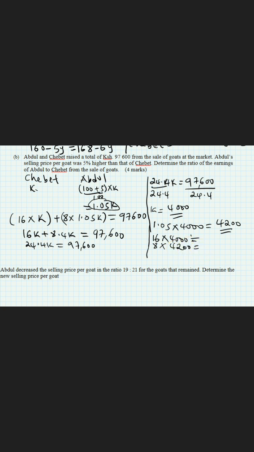So let us use a calculator to get the values. 16 multiplied by 4000 gives us 64,000. 8 multiplied by 4200 gives us 33,600.